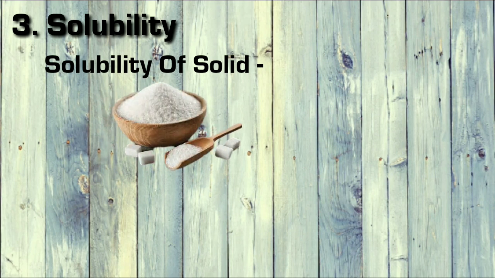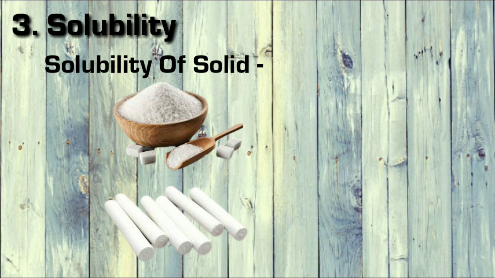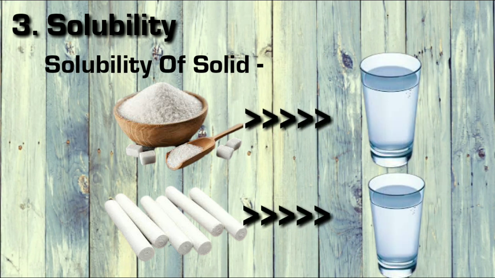Let us take some solids like sugar and chalk. If we add these two solids into different glasses of water, we can notice their solubility. But how? If any one of these dissolves completely inside the glass or disappears, we can say it is soluble in water.